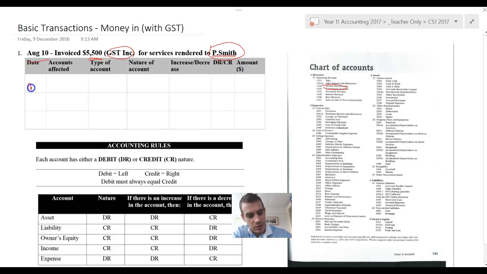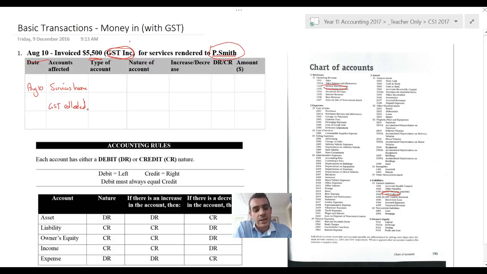So let's put in the date, August 10. Let's call this services income. We now know that when we perform some services, there's GST applicable here. So the GST account affected is going to be this GST collected.